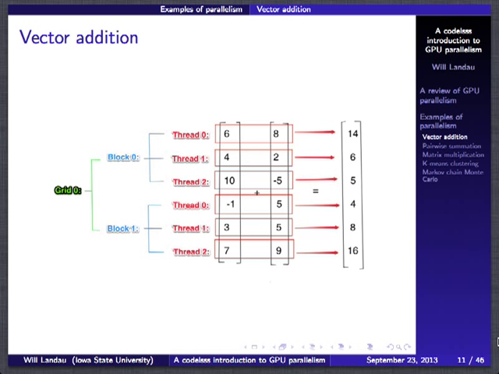Questions? Yeah? Did you mean that it's impossible to have a non-symmetric scenario, or that you want to avoid it? Non-symmetric, how do you mean? Like, in this case, you might have 4 and 2. Is that impossible, or do you just want to avoid it? So you can't have a block with 4 threads and another block with 2 threads.